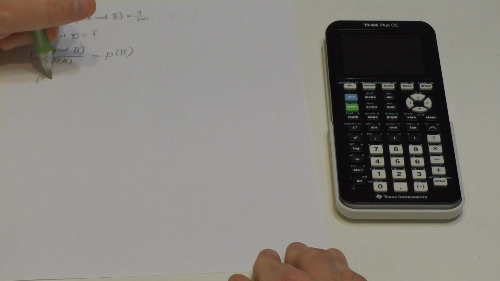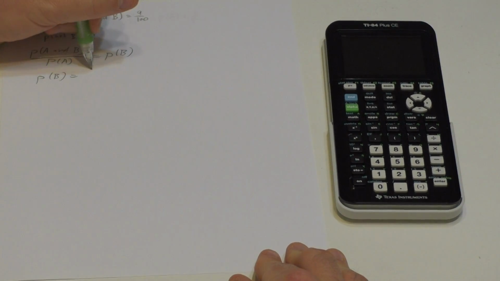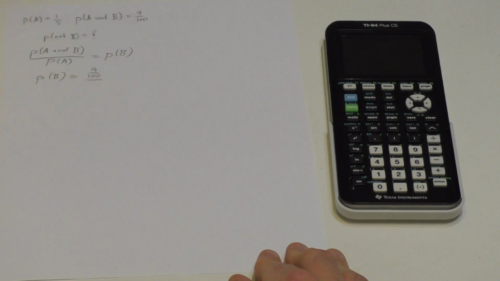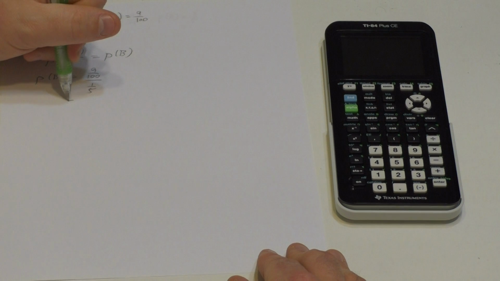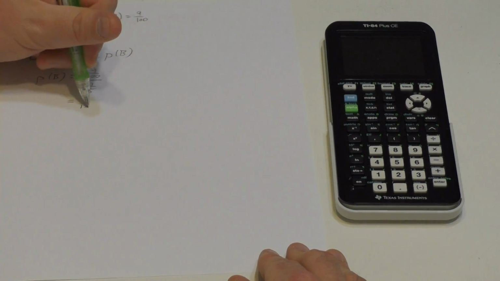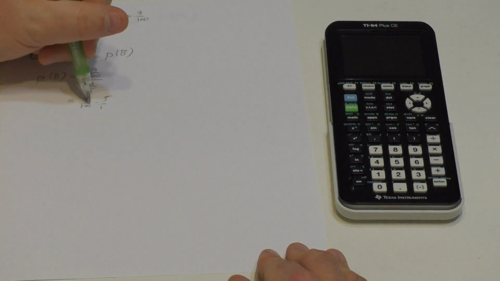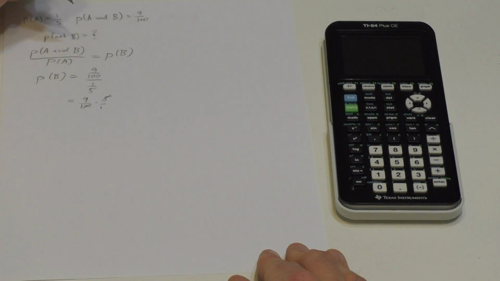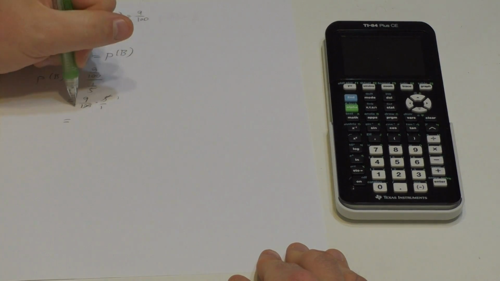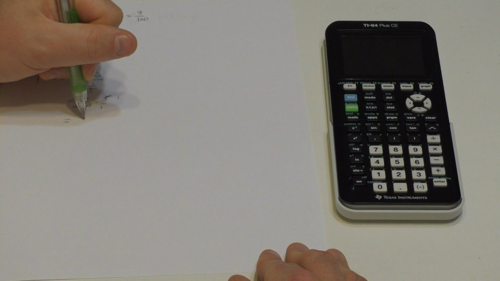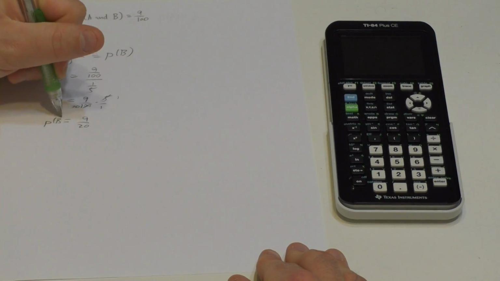So the probability of B is going to equal 9/100ths divided by 1/5. Again, multiply by a reciprocal. These reduce, and I get 9/20ths. Probability of B is 9/20ths.